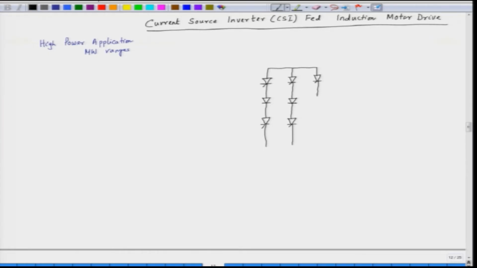These are the SCRs and these are the diodes. We have two sets of diodes here. We have another diode and another SCR.